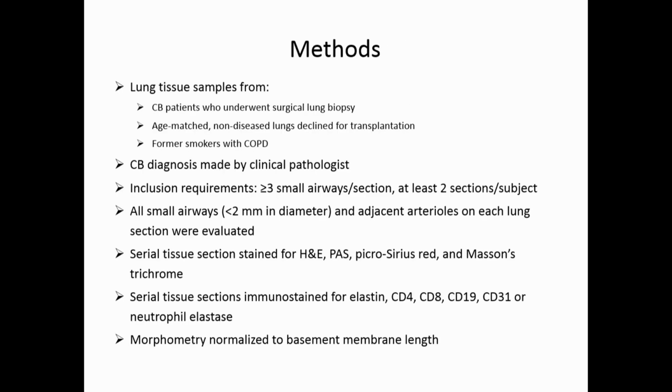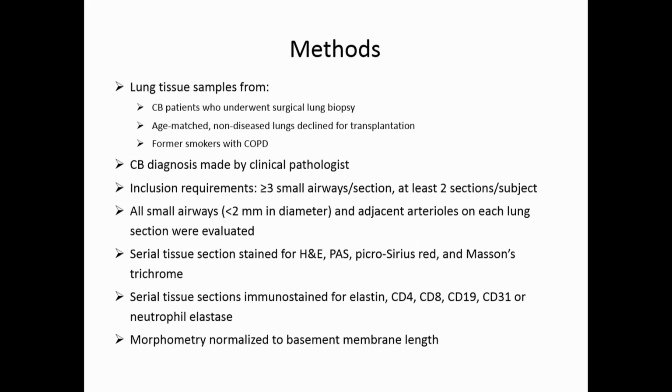So the methods here are that we took clinical biopsy samples from these constrictive bronchiolitis patients. We have used an age-matched, non-diseased cohort of individuals who had lungs that were declined for transplantation and had no known smoking history or prior lung disease history.